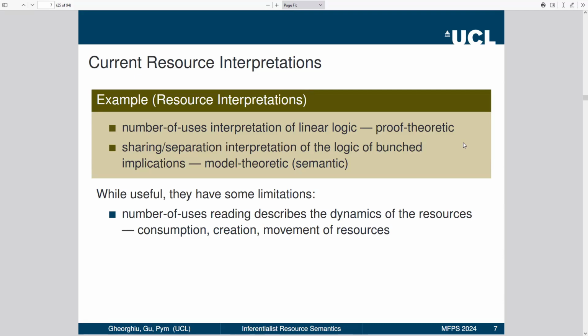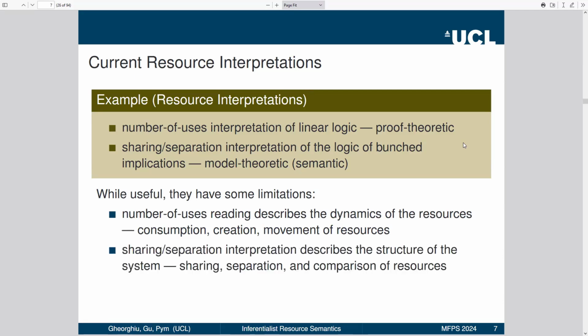So it's very hard to talk about a hospital in terms of linear logic. The sharing separation interpretation of BI is very good at talking about structures, or how different parts of the system glue together. So this is like the stack and the heap, so different heaps and so on in the computer memory. But it's less good at talking about the processes themselves.